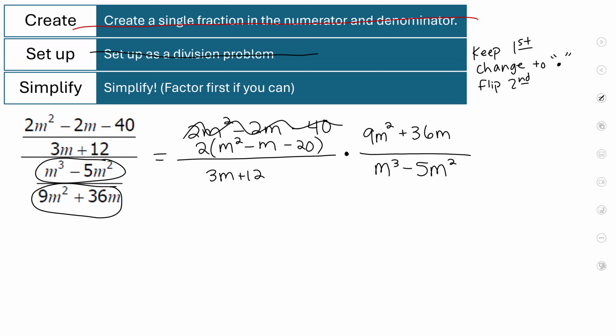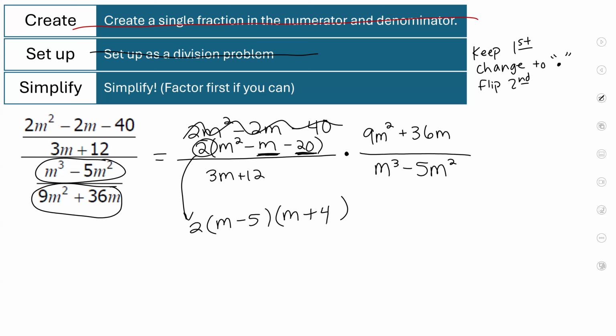I divided all of those by a 2. Okay, I need two numbers, so I'm going to rewrite this problem. My 2, I put it on the outside. I need two numbers that multiply to negative 20, but add to negative 1. Yes, exactly. m minus 5 and m plus 4.